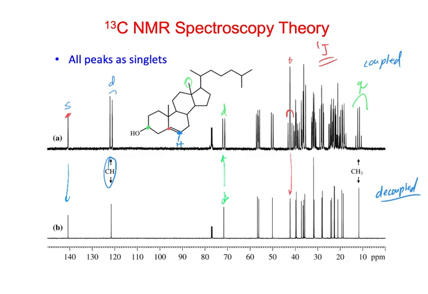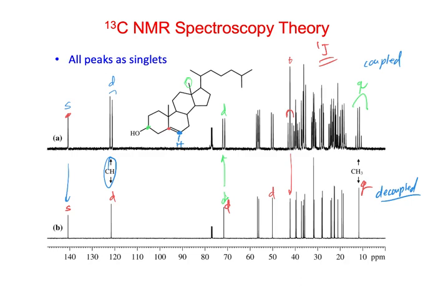Oh, we're past time anyway. All right, so sometimes what you'll see on different spectra, even though they're decoupled spectra, we will see things like singlet, doublet, doublet, doublet, quartet. And what those mean is what that peak would be if it was a coupled spectrum.